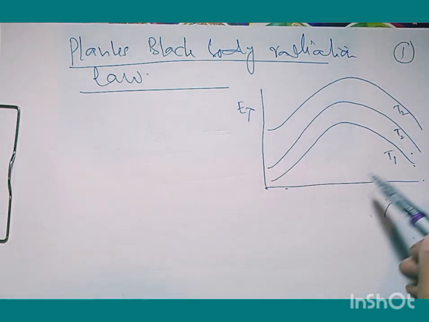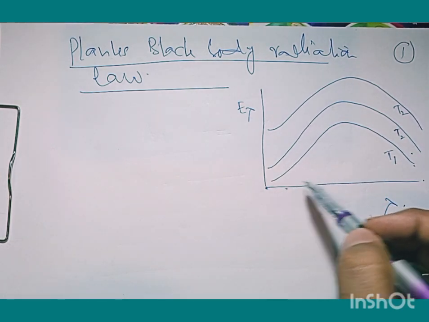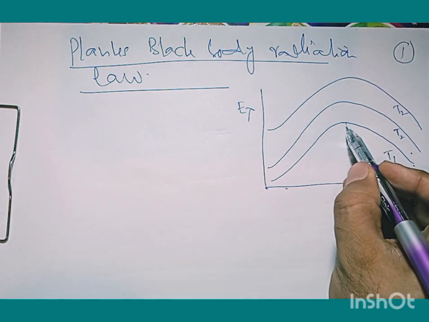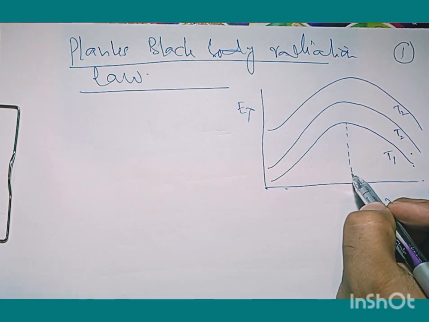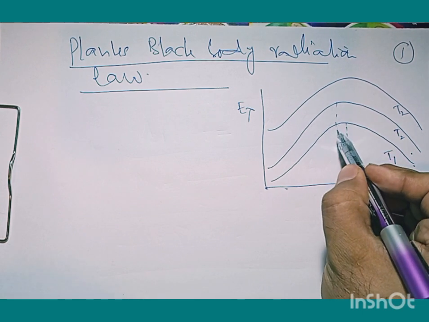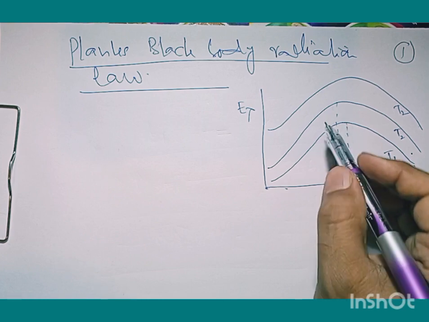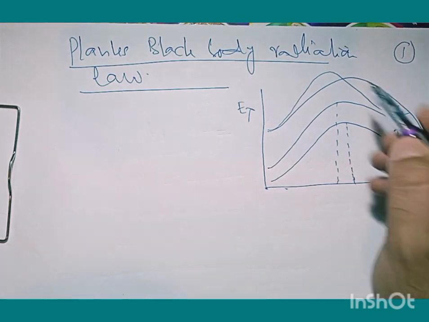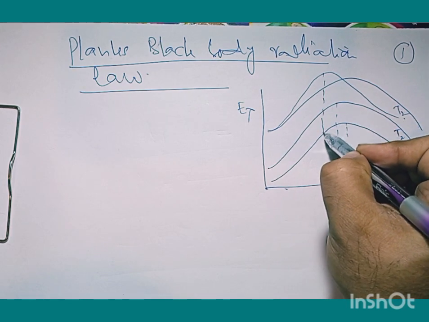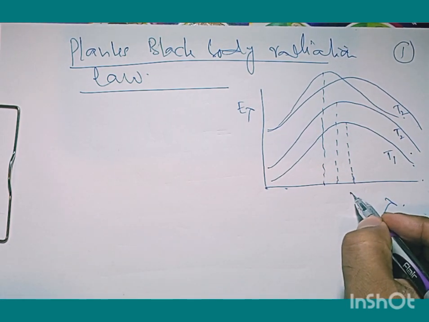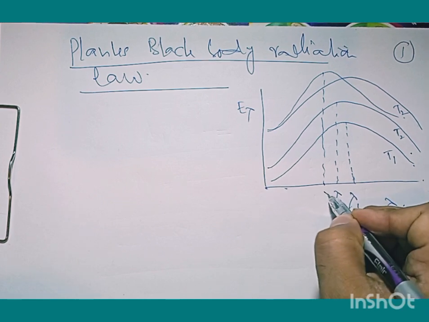So we have three curves for different temperatures, and we can see that the maximum value of lambda shifts. Here it should have been more like this. So this is, say, lambda 1, lambda 2, and lambda 3.